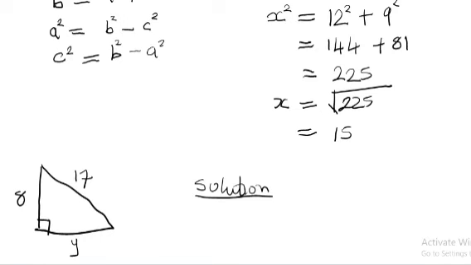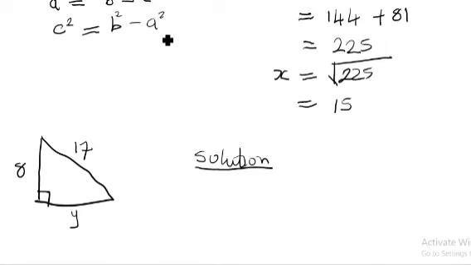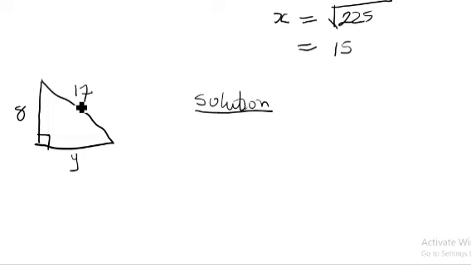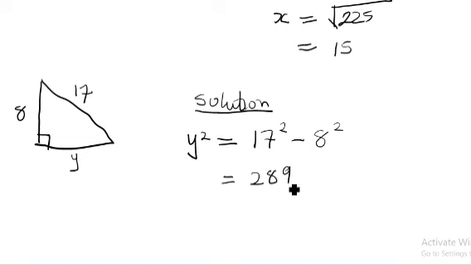We are looking for the c side here, so let's use this formula, but we'll not use c again, we'll use y, which is the unknown. y squared gives you 17 squared minus 8 squared. 17 squared is 289, minus 8 squared, which is 64.